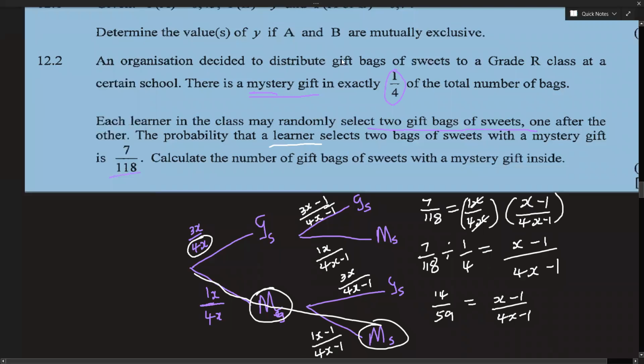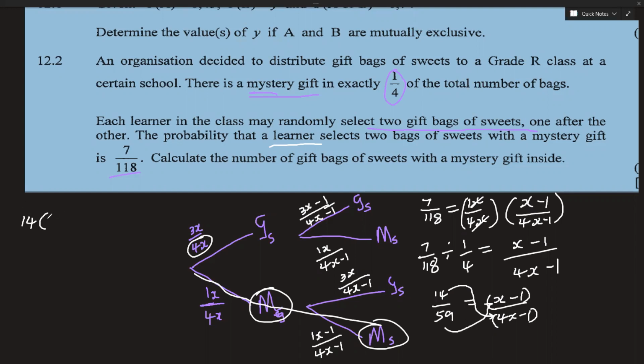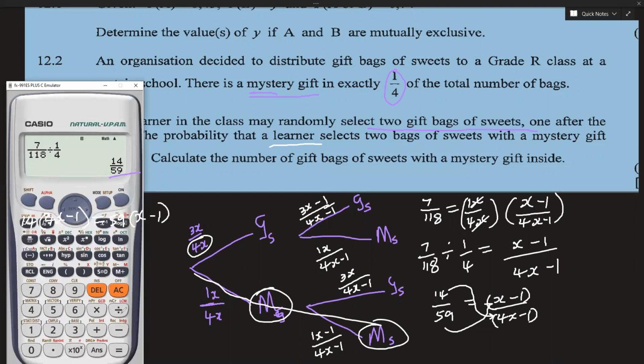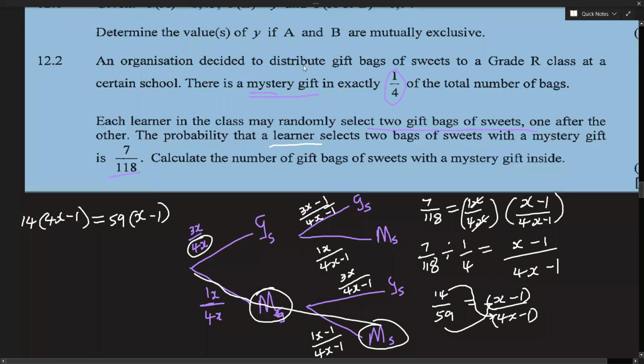This 14 will multiply this bracket, then the 59 will multiply that bracket. So I have 14(4x minus 1) equals 59(x minus 1). Then what is 14 by 4? Let's check on our calculator. 14 by 4 should be 56. I'm getting 56, so it's fine.